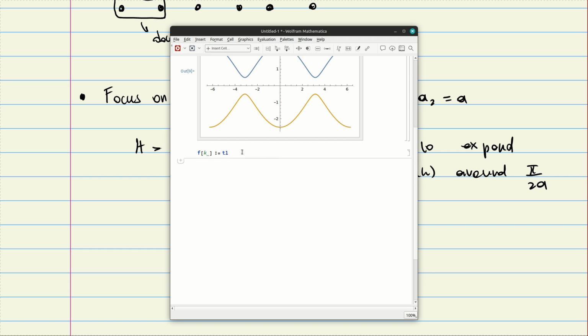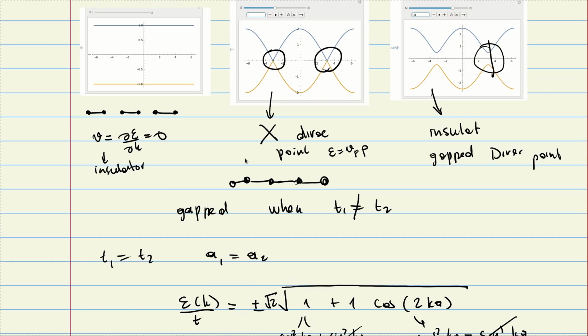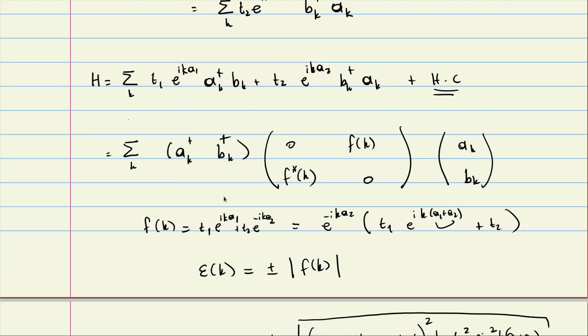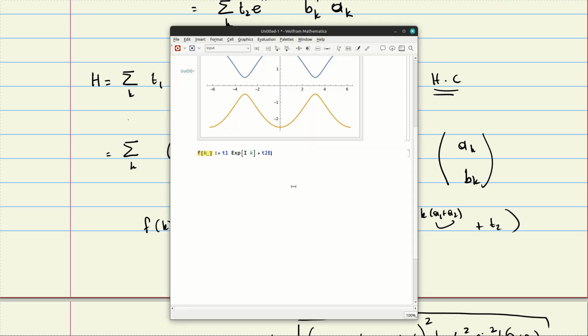So this is T1 exp ik times a, but a is equal to 1, plus T2 times e to the minus ik. Okay, so this is f.